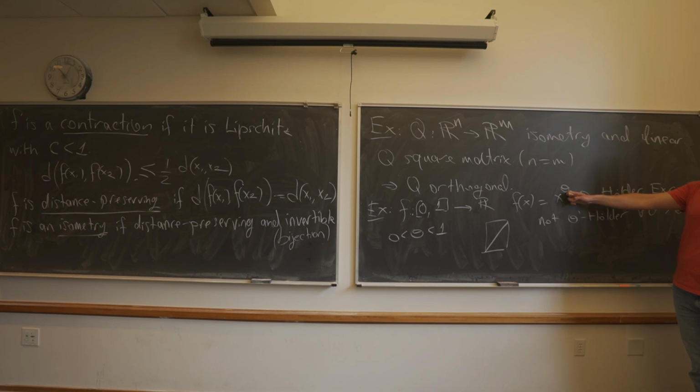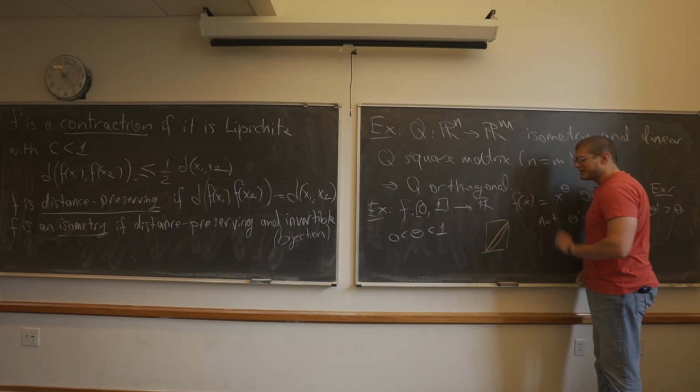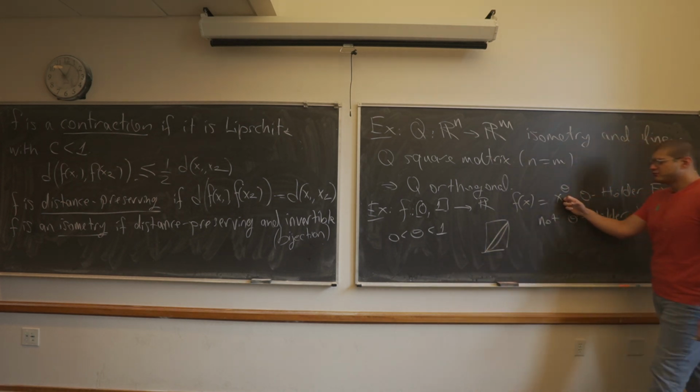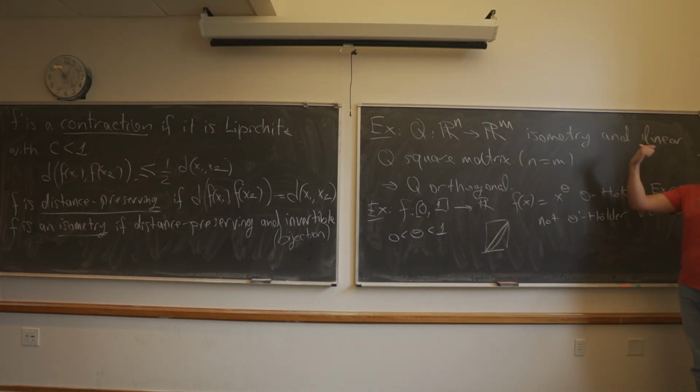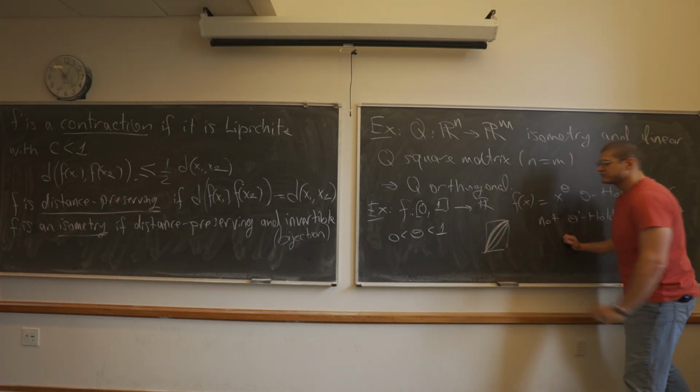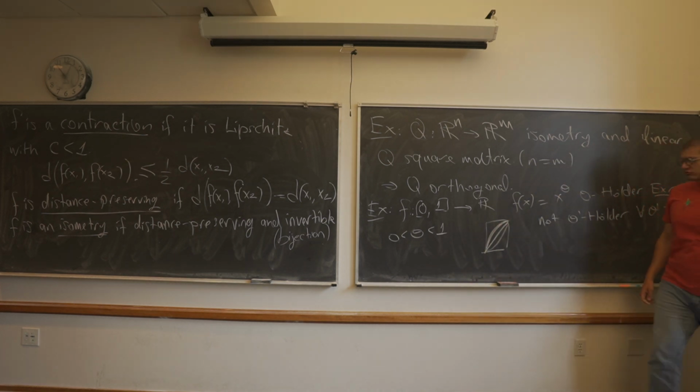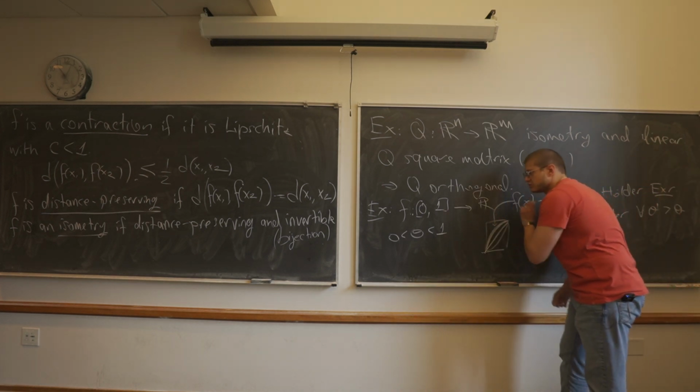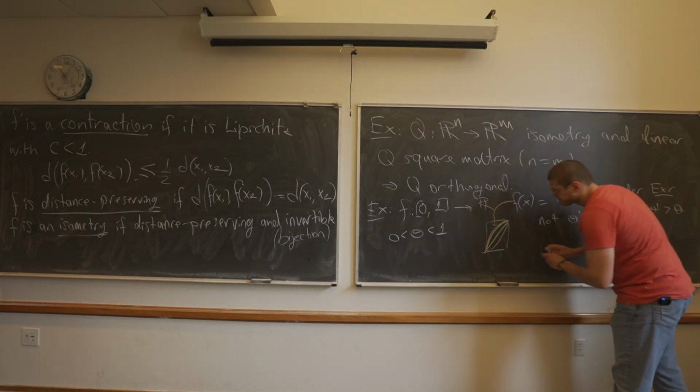If theta were more than 1, let's say 2, x squared, it would be under, right? This would be x squared. And if I were to have x to the 1 over 2, it would be over. So it looks like this. Okay, so this is sort of what you should think about.